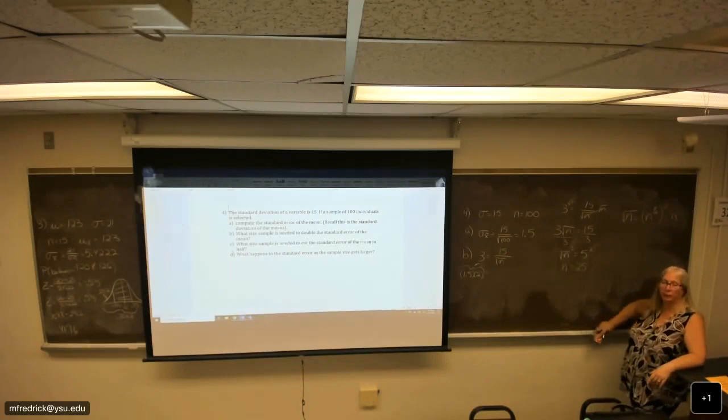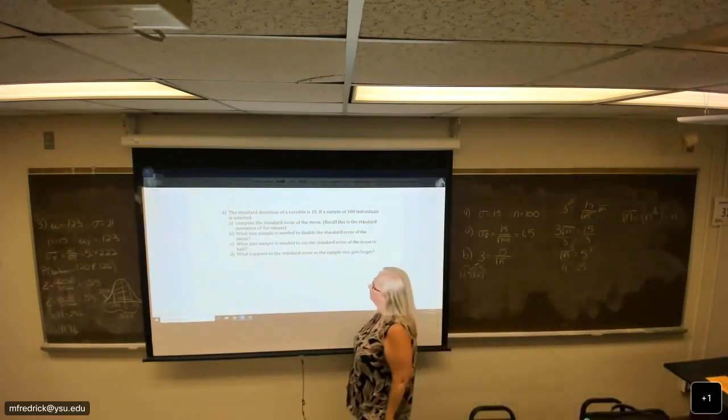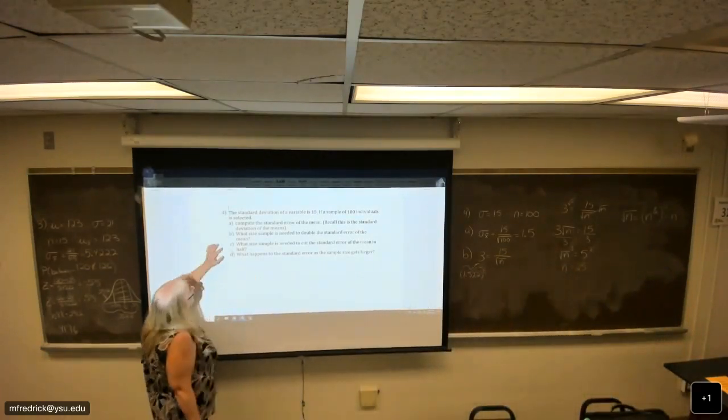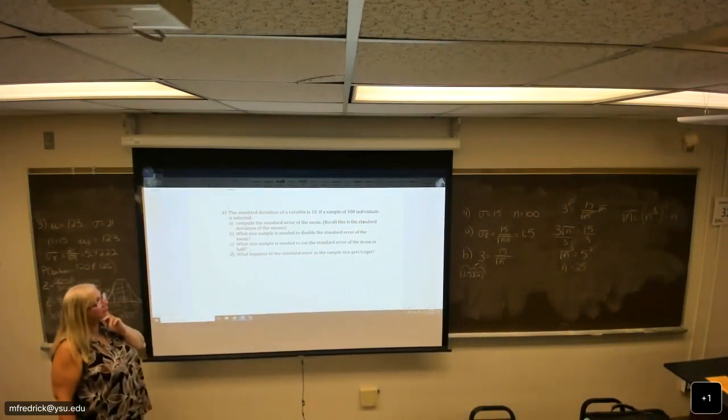Any questions on that? So whenever you have a square root, to get rid of it, you square both sides. We'll use that a lot. That was B. What is the sample size needed to cut the standard error of the mean in half?